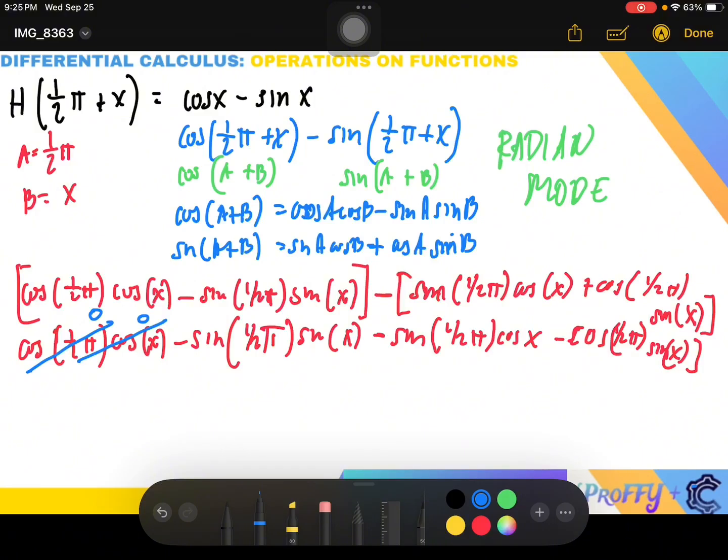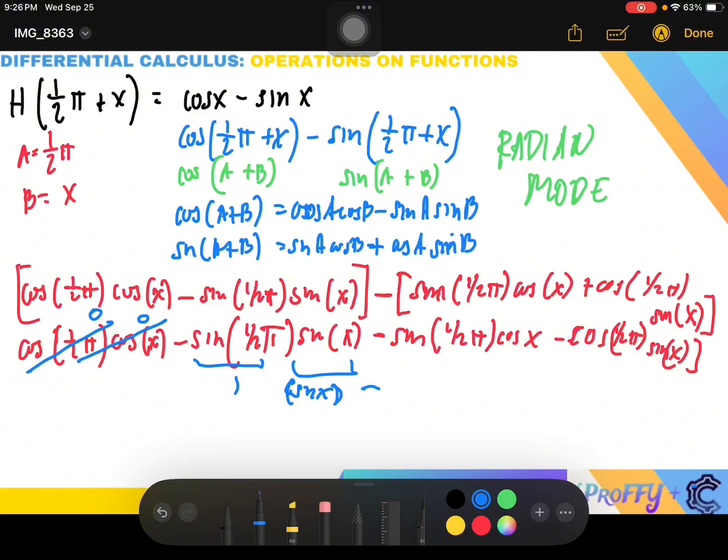So next, the sine, just the sign, guys, don't put the negative yet, it's okay. So sine of 1/2 pi will be equal to what? 1. Multiplied by what? Sine of x. Multiply that, guys.